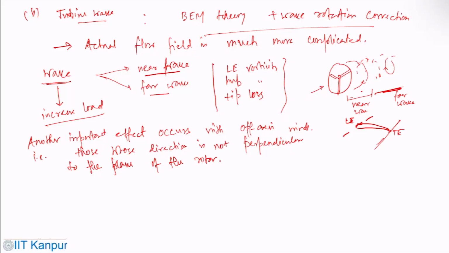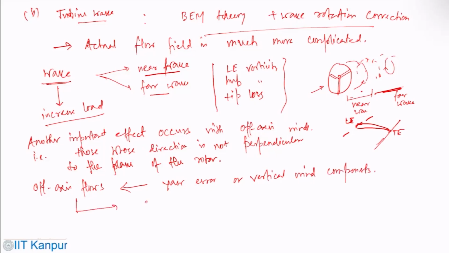So that could be off-axis flows, which are caused due to yaw error or vertical wind components that have produced a skewed wake.